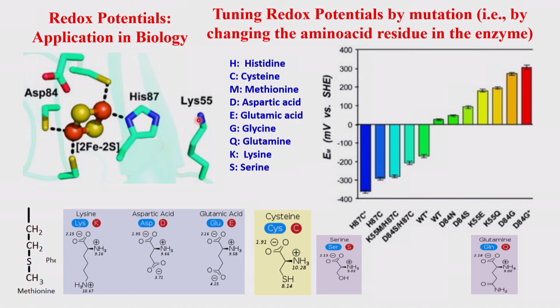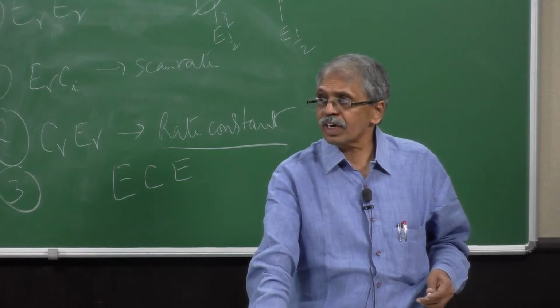You can also change this other group; both will influence the redox potentials, and that is what is shown here. For example, histidine to cysteine, lysine to cysteine, aspartic to cysteine, and the normal wild type. So by using cyclic voltammetry, you can find out what kind of environmental change there is around the metal center in the metalloenzyme.